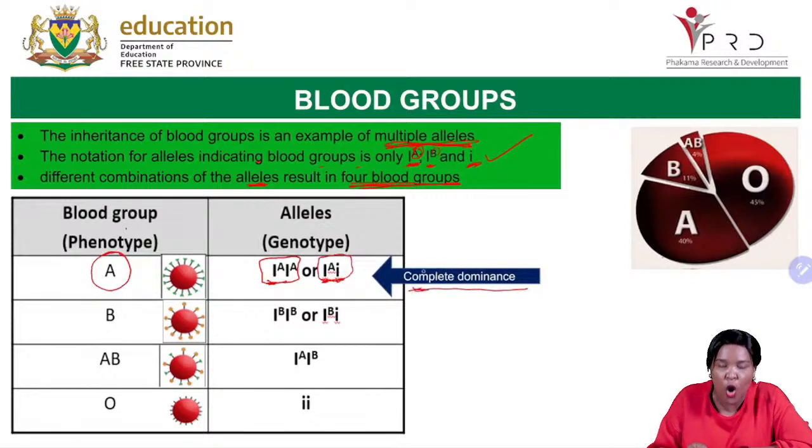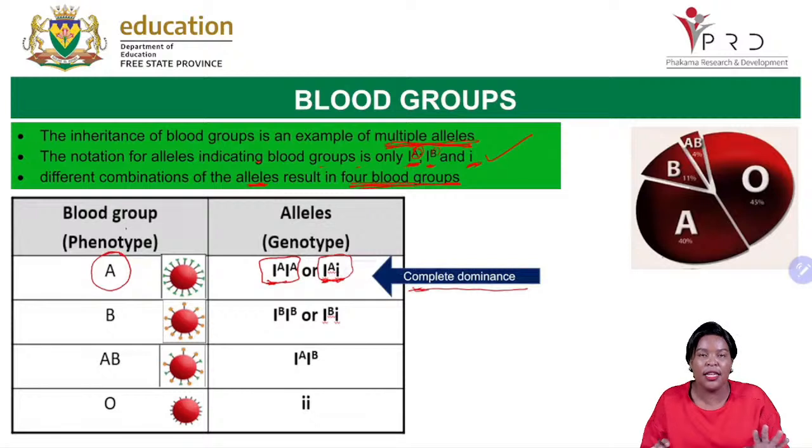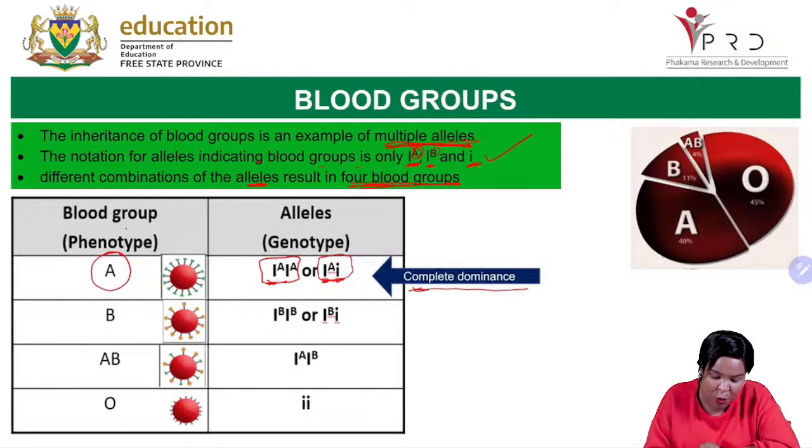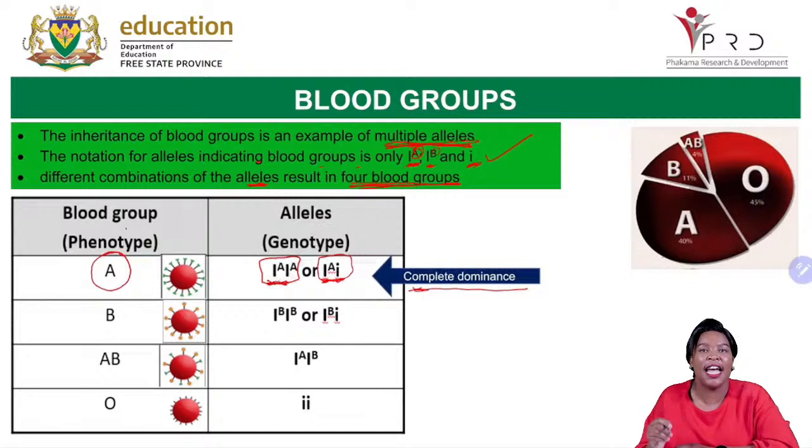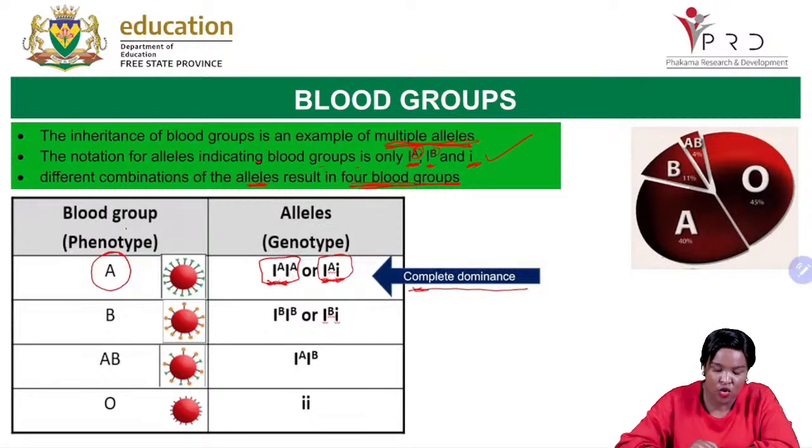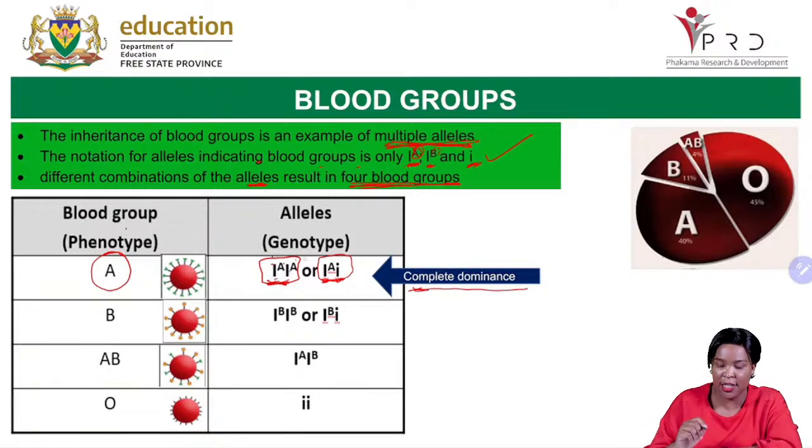So this shows complete dominance. This person will have blood group A, but if they say it's homozygous blood group A, then you use big letter I with big letter A superscript, twice. So you must pay attention to how you are going to write them.